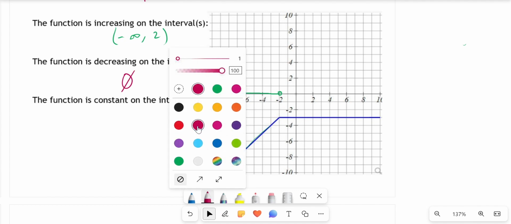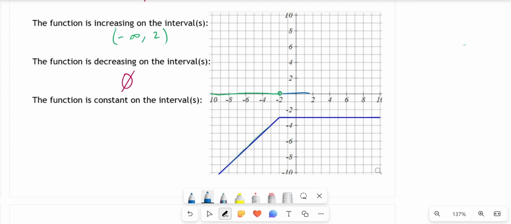And finally, what about constant behavior? Well, it's the constant value minus 3 all along this positive region here. So I would say from minus 2 up to infinity, it is constant. It gives you a single value. It doesn't go up or down. It's just minus 3.